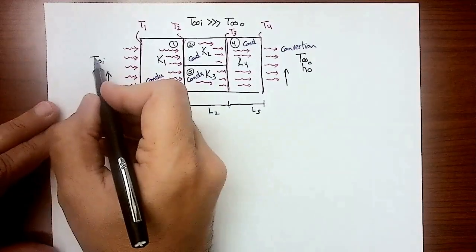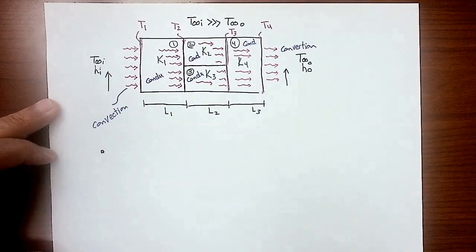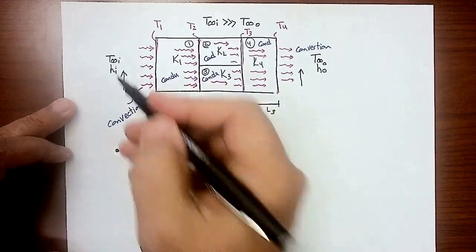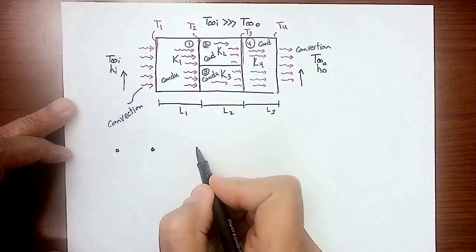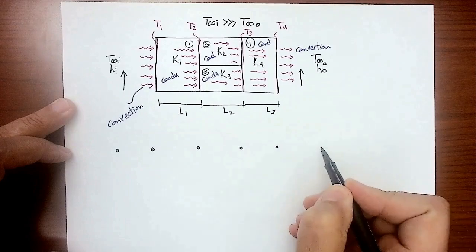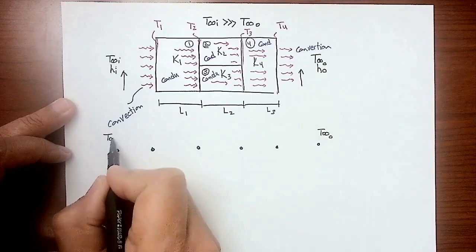First, I have T infinity in. I'm going to put a node here. I'm trying now to draw the thermal circuit of that problem. T infinity in is here. I will have T1, T2, T3, T4, and T infinity out.